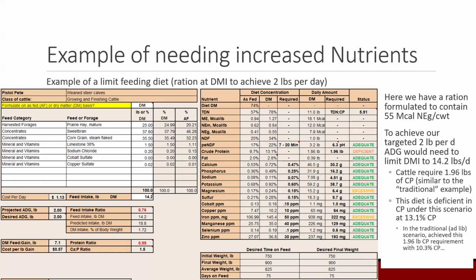So a 13.1% crude protein diet in a limit fed ration in this example is deficient in crude protein. Where before, in our typical ad libitum scenario that we first looked at, we were able to meet crude protein requirements at 10. Does that make sense?